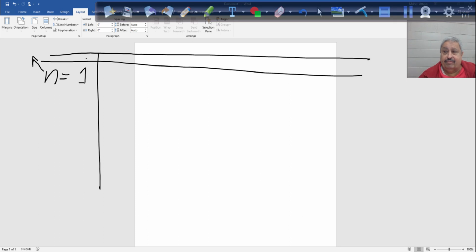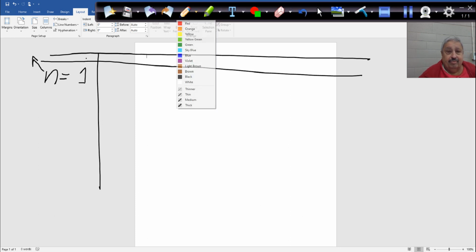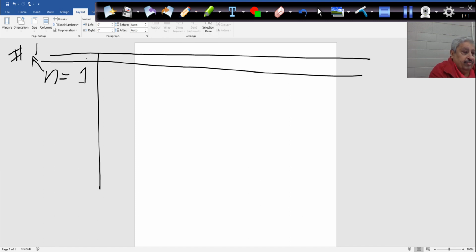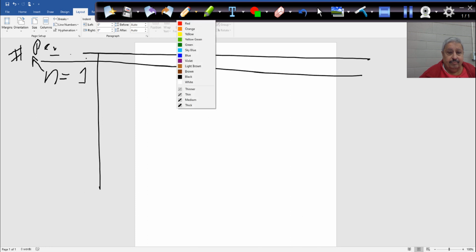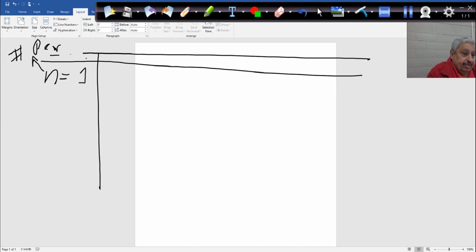So n is the number of the period in the periodic table, which is the main quantum number, principal quantum number.